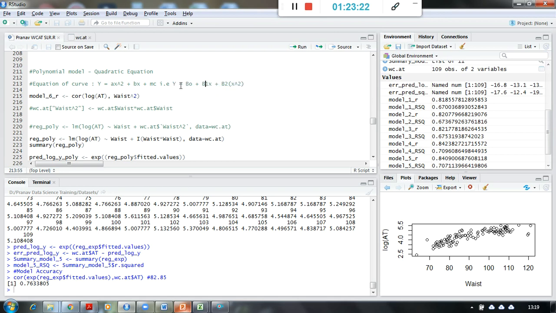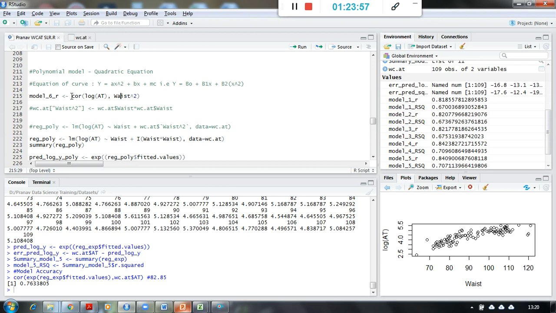So this is not a multilinear regression, this is a simple linear regression only. Why? Because x is a single variable, but it has been used twice over here in a different transformed format. I can use the same x variable n number of times over here with different transformed values of x, right?